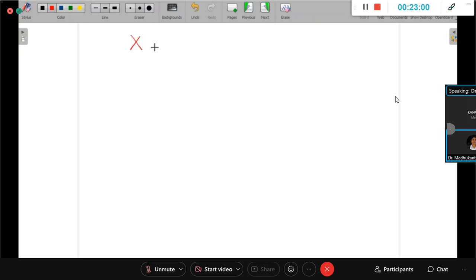Now we are interested in a function. We are going to define a function X on the sample space to R. Omega is the full sample space, the set of all possible outcomes from a random experiment.